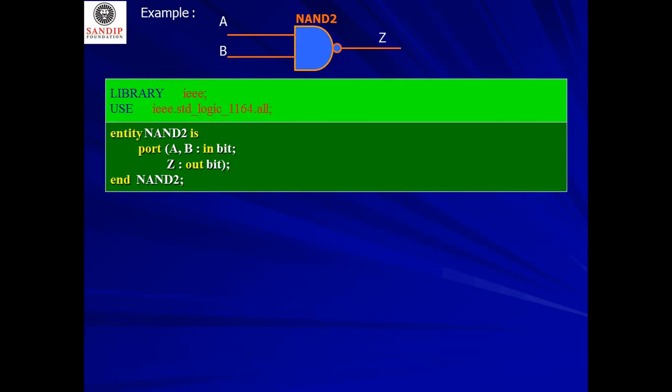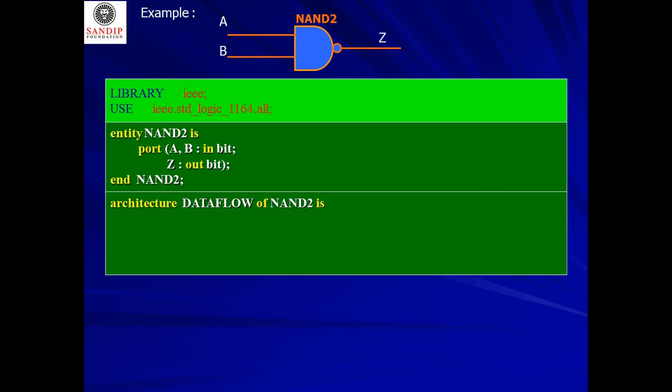Library IEEE. Use IEEE dot standard logic 1164.all. Entity NAND2 is port A, B in bit, Z out bit, end of the NAND2. Architecture data flow of NAND2 is.